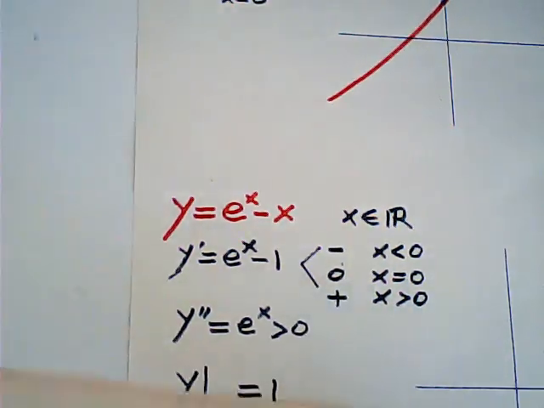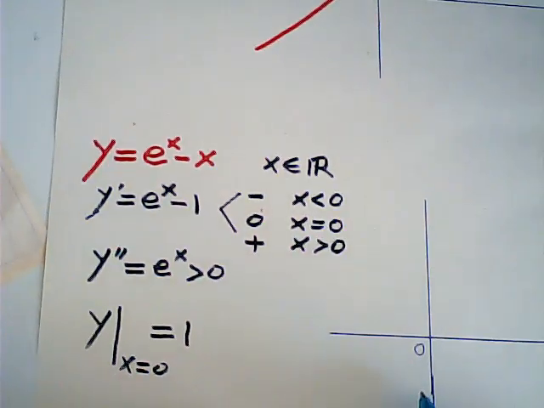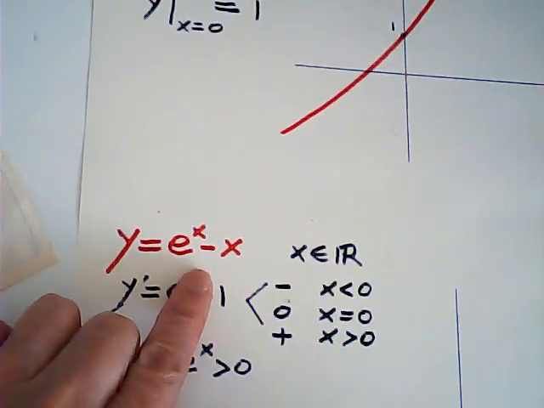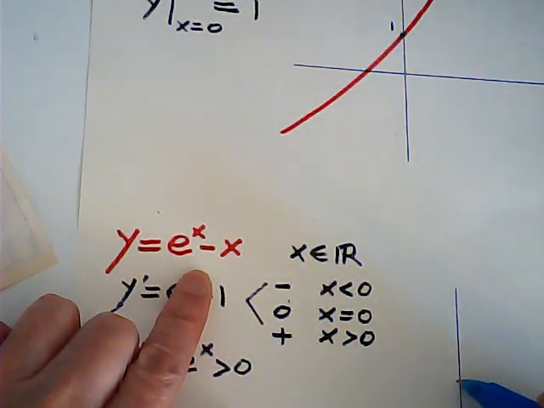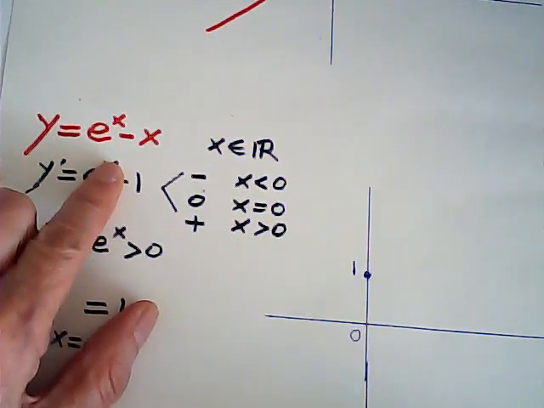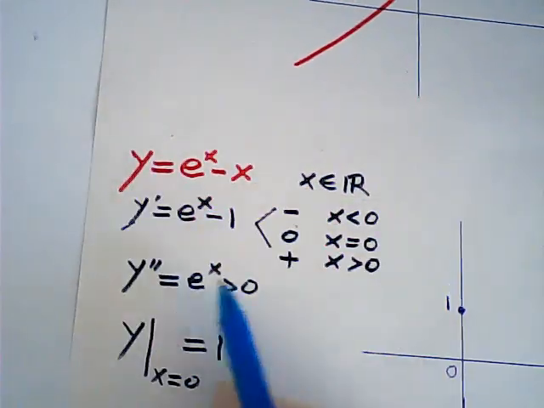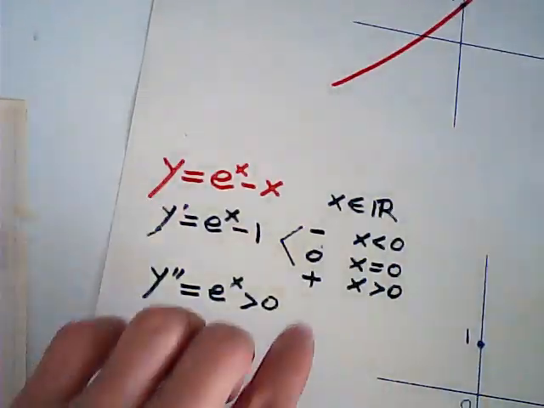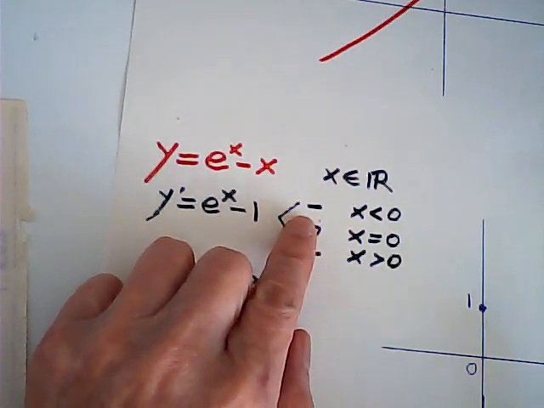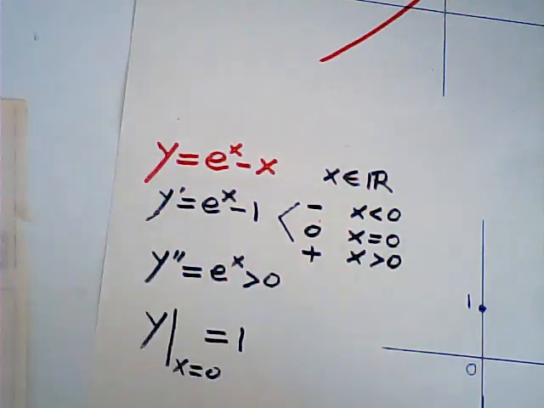Decreasing, then increasing at 0, which means at x equal to 0, y is equal to 1. So this is the point the curve passes through. The function looks like this, second derivative positive, and before 0 it is decreasing, after 0 it is increasing.